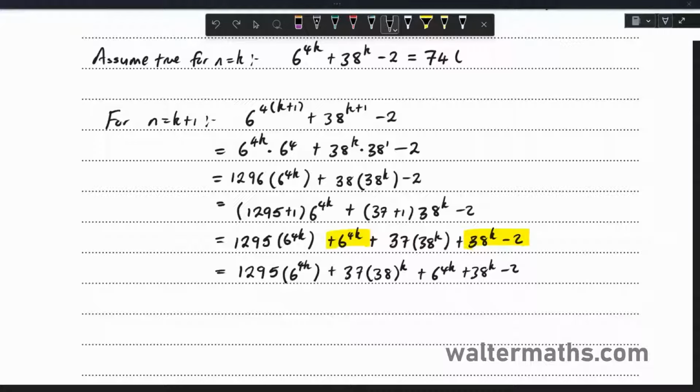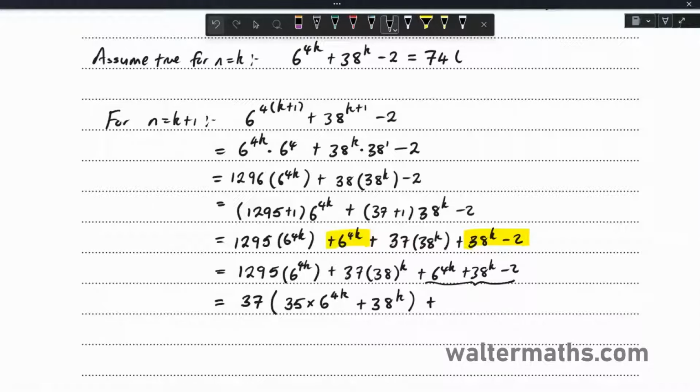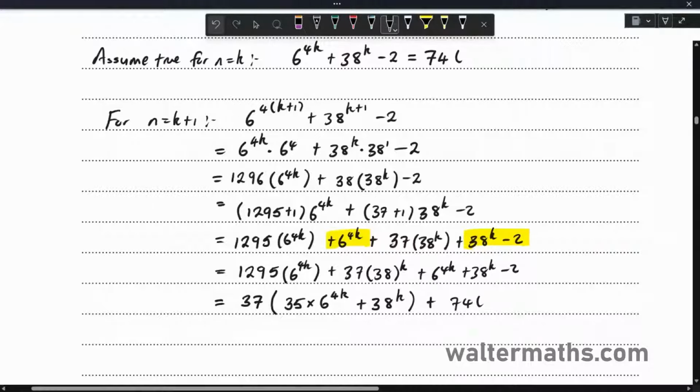Now, what I'm going to do from here is, for these two, I'm going to factor out 37. And if I factor out 37, we'll be having 35 of 6 to the 4k plus 38 to the k, and that's going to be plus this, which we said is 74L.